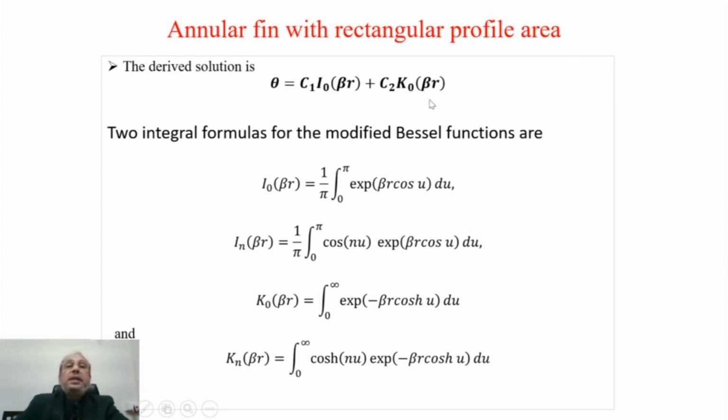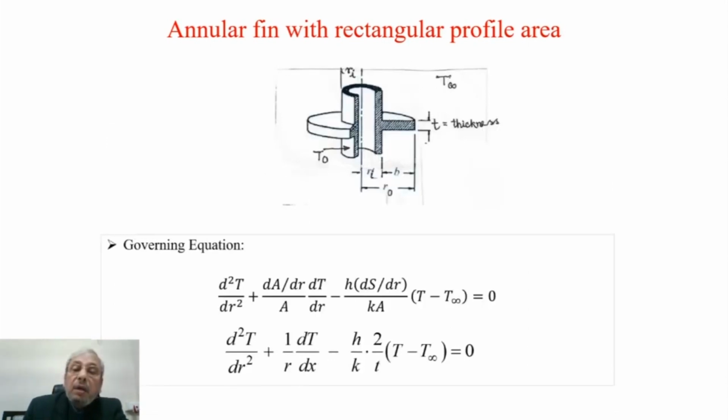At r equal to r1, we know the boundary condition T equal to T0, that means theta equal to theta0. And at r equal to Ri, we know the boundary condition, T equal to T0, theta equal to theta0.